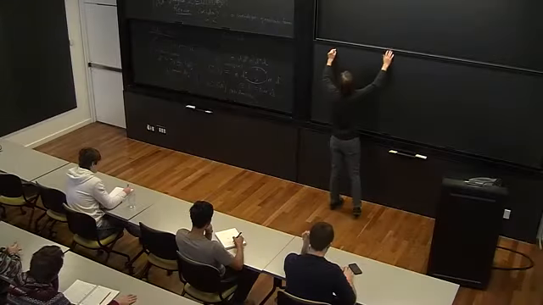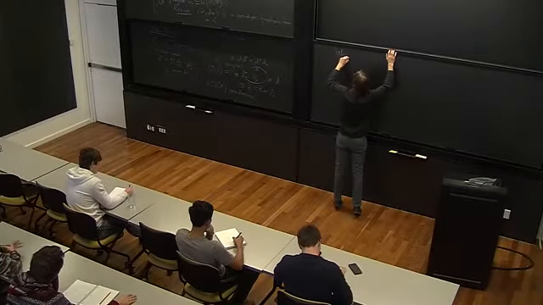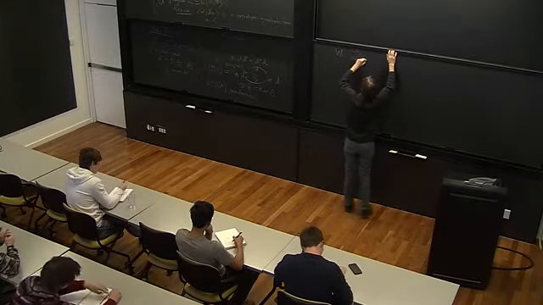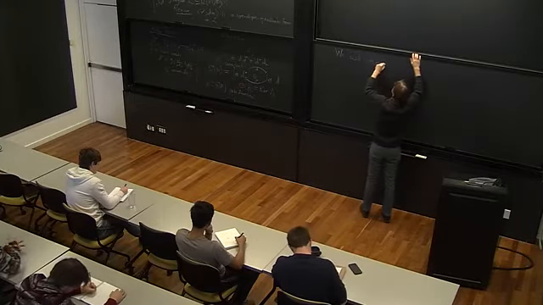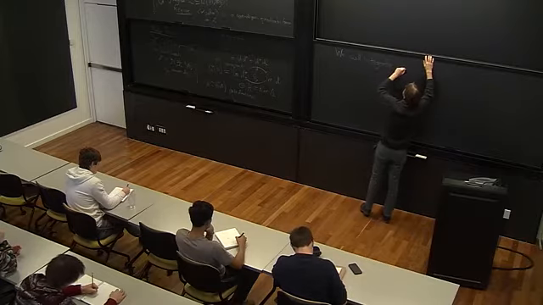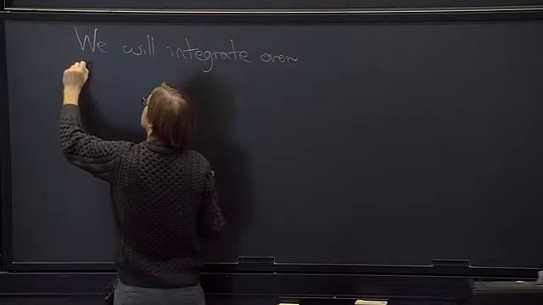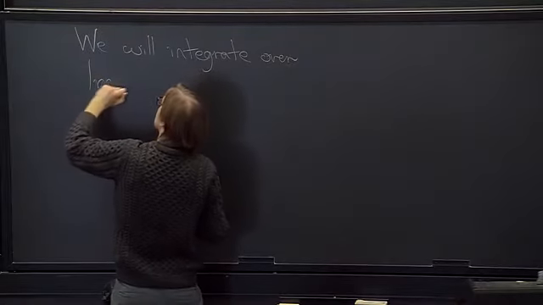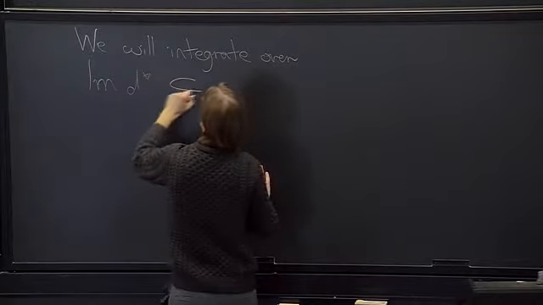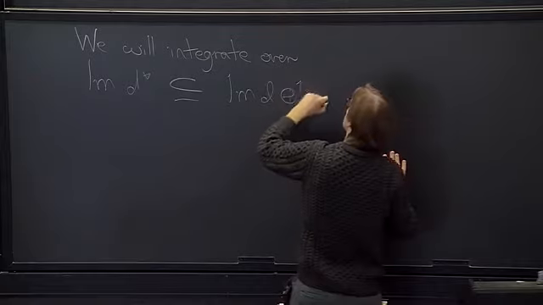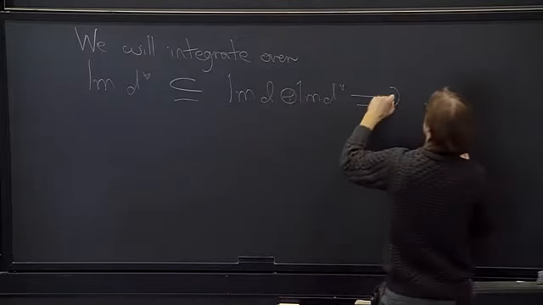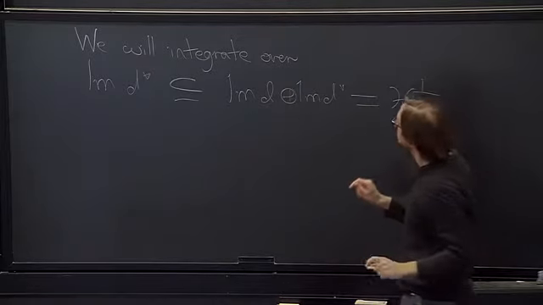So we will integrate over the image of d star, which is inside the image of d plus the image of d star. And this is the same as the orthogonal complement to the harmonics.